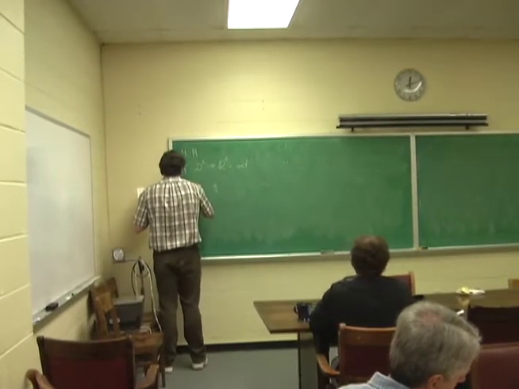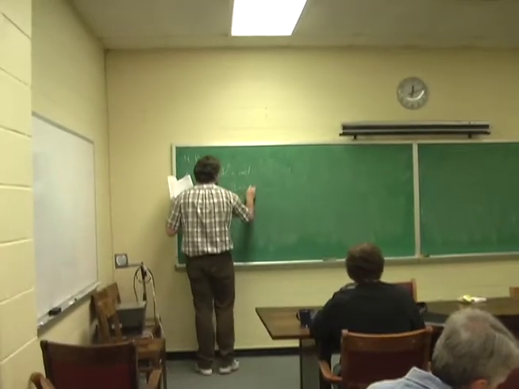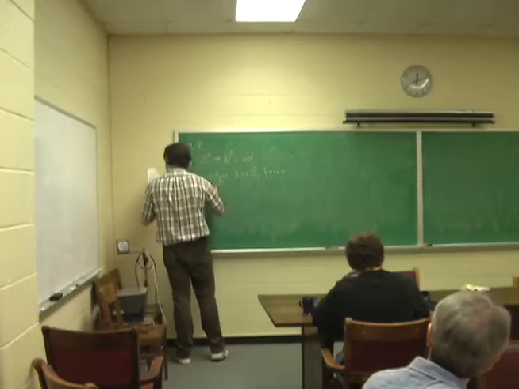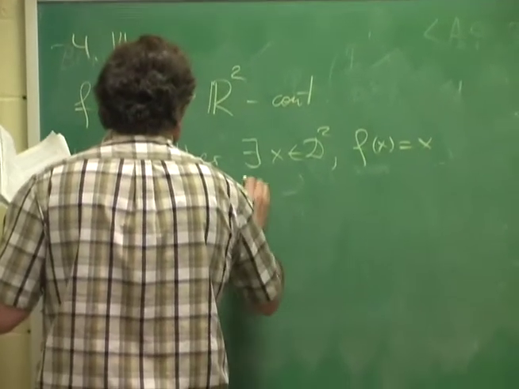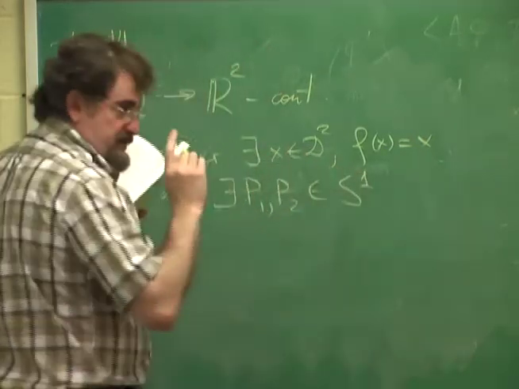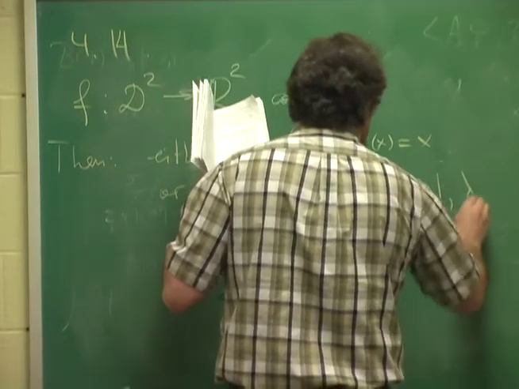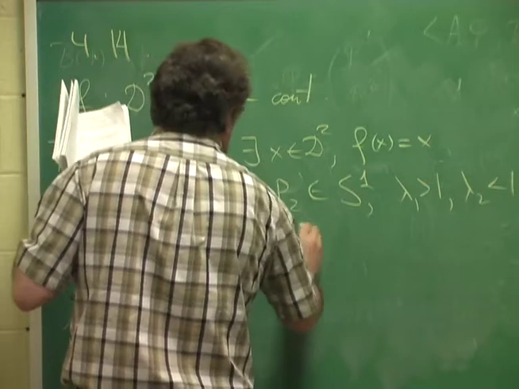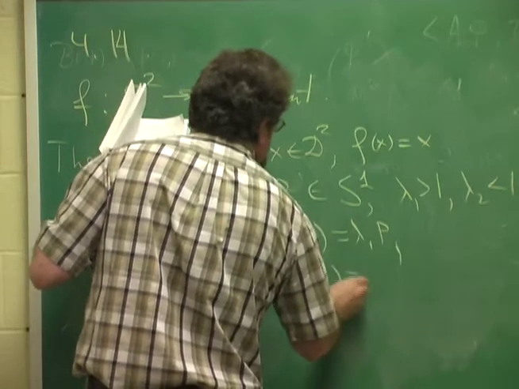Then either there exists x in D2 such that f of x is x, or there exist P1, P2 on S1, on the boundary, and lambda 1 greater than 1 and lambda 2 less than 1, such that f of P1 is lambda 1 P1, f of P2 is lambda 2 P2.